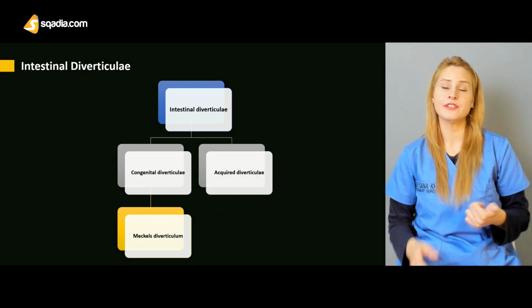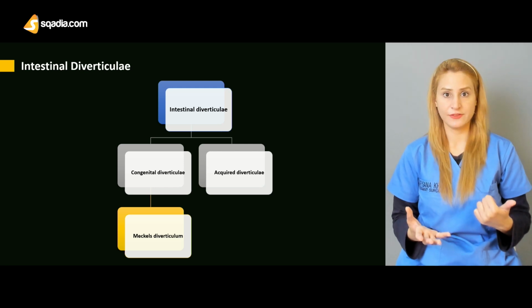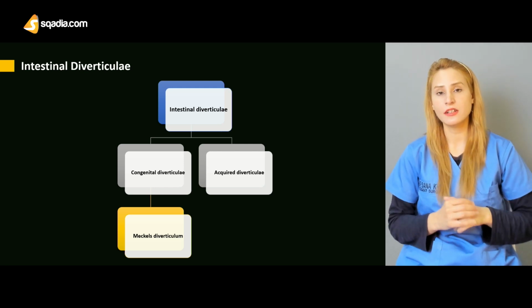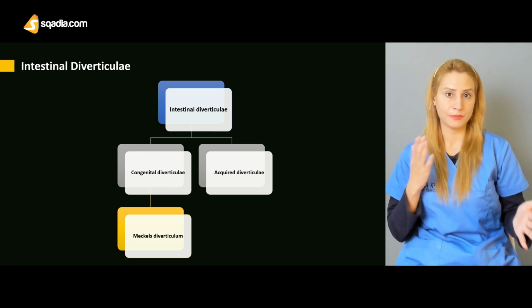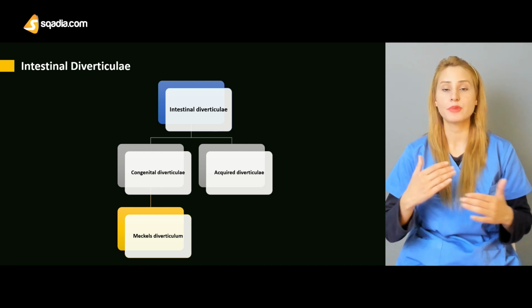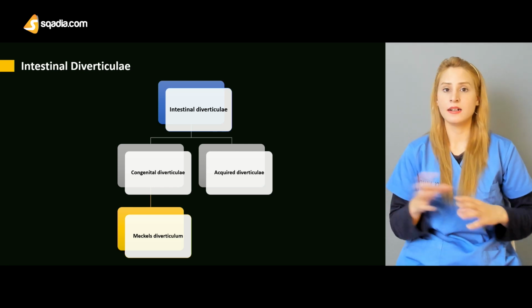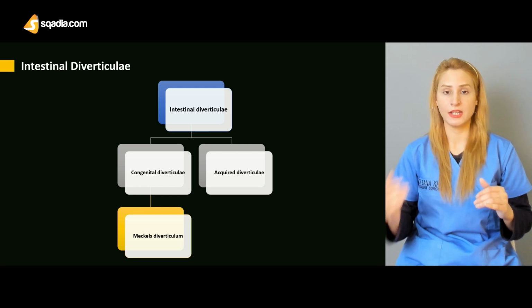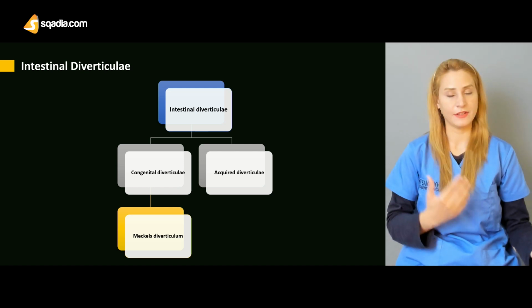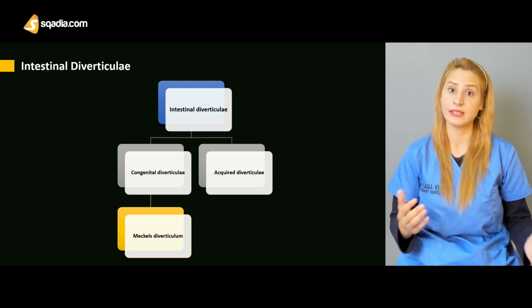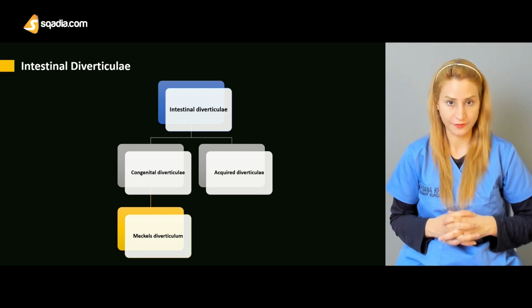Whereas acquired diverticula are not present by birth, and they can appear at any time period of your life. Mostly they are common between the 40s and 60s, and more common in the male population as compared to women.